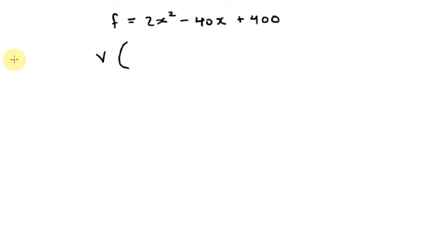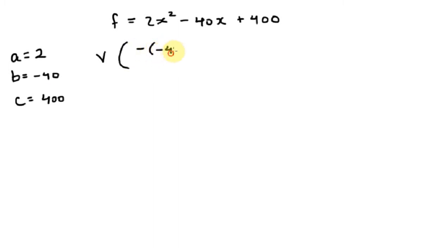Well, I'm going to label what is a, b, and c before I dive into the formula. So a is 2, b is negative 40, and c is 400. In the beginning, I'm going to need a negative b.